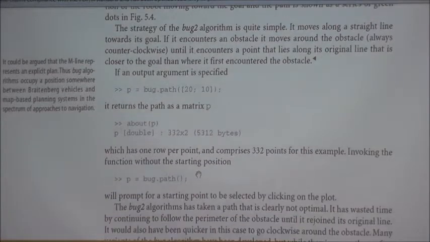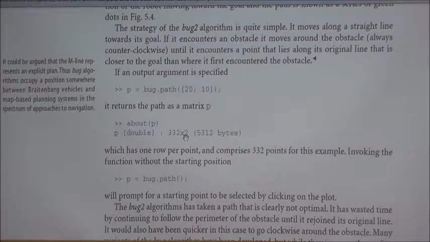And when you ask what P is all about, it is a double precision matrix, 332 by 2. So what is that 332 by 2? That's a matrix. It has 332 rows and 2 columns.